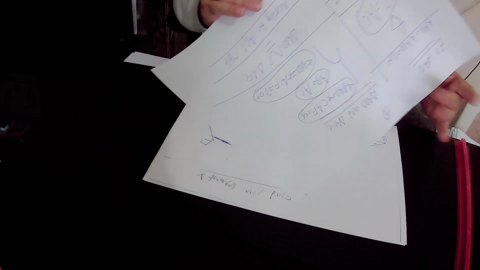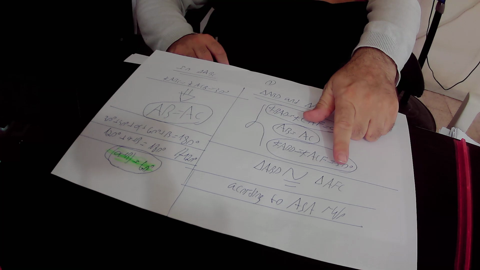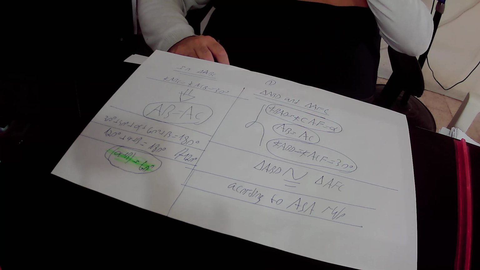Repeat again, I proved that triangle ABD is congruent to triangle AFC according to the angle side angle rule. I will explain what I mean here.